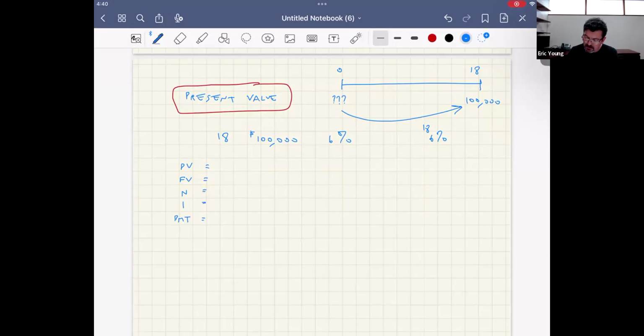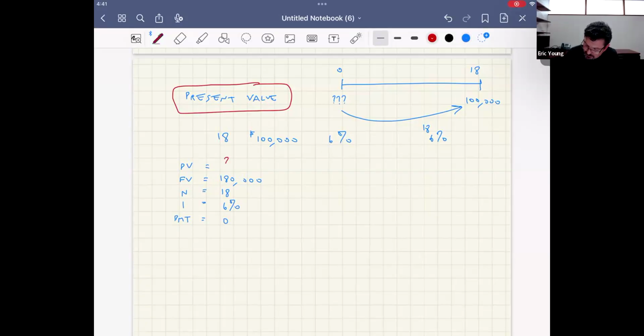We assume that we want $100,000 in 18 years, so the future value is 180,000. We want it in 18 years, so N is 18. Now we know that we can grow the money at 6% per year. And we know that we're looking for a lump sum to put in. We're not going to make payments, so it's not an annuity, so PMT is zero. So that's what we're looking at.